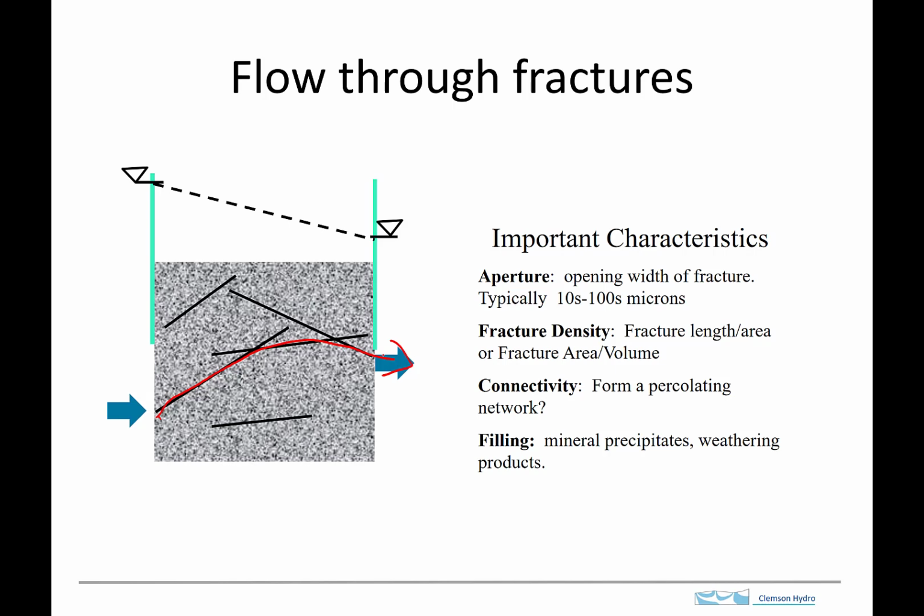And below that density, you have individual fractures or pairs of fractures, but you don't have a big through-going interconnected network. And so there's an important connection between fracture density and connectivity. And the connectivity then is an important component of the overall hydraulic connectivity, or the overall rate at which water can flow through this fractured rock system.